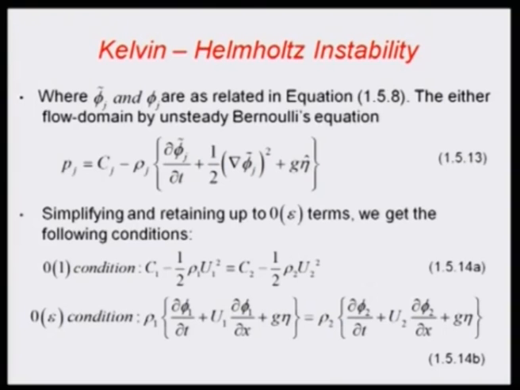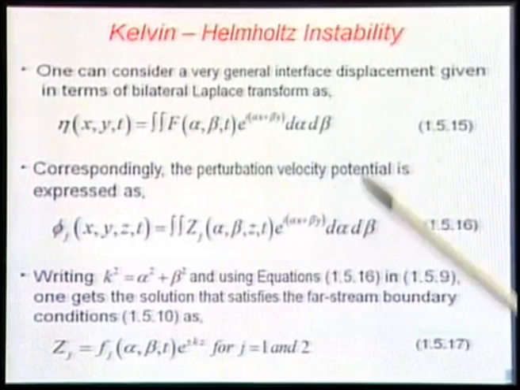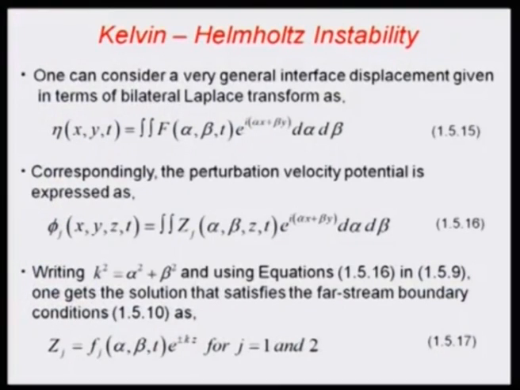taken care of, right. Now we are not done yet, because so far what we have done is just talk about a general displacement eta. Now, if I talk about a general displacement eta, I could also write it in terms of its harmonic components, and that is precisely what we have done here. We are working in the xy plane, right.